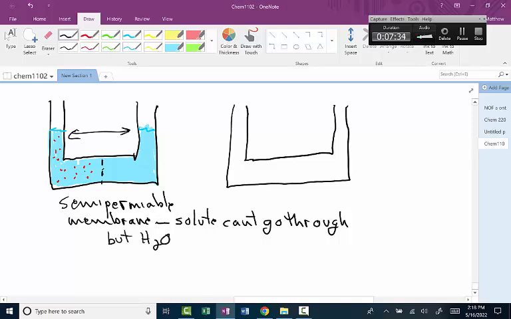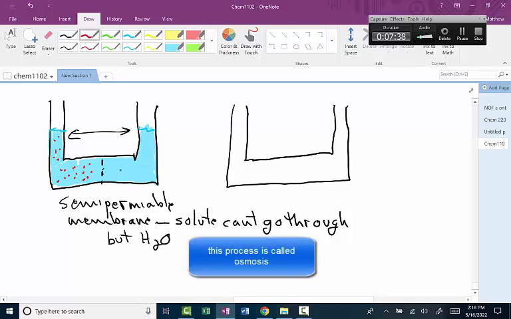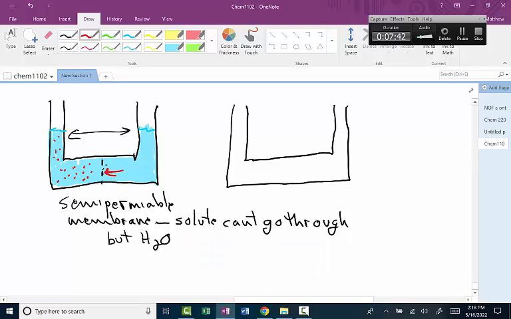And so it's going to want to help dissolve these molecules, and so what happens is water moves in that direction, and we end up with this situation on the right. And we get a difference in height because the water moved that direction. Okay, here's my membrane. And this height difference is called the osmotic pressure.